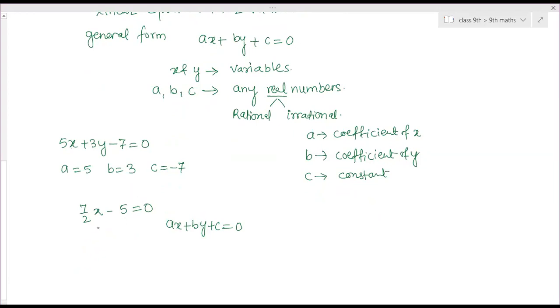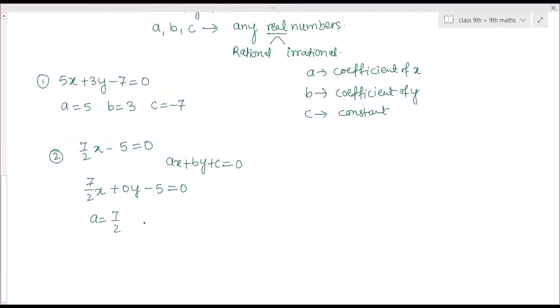So we write 7 by 2x plus 0y minus 5 is equal to 0. Now can you tell me the values of a, b, c? A is 7 by 2, b is 0, and c is minus 5. Clear?